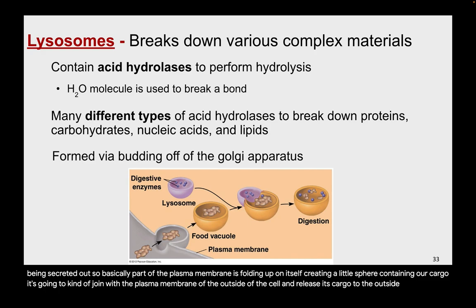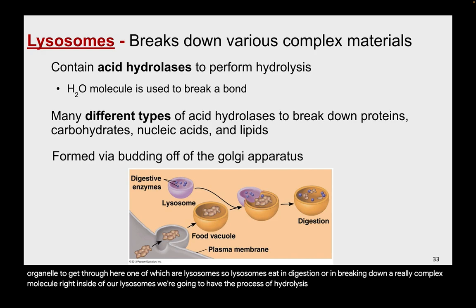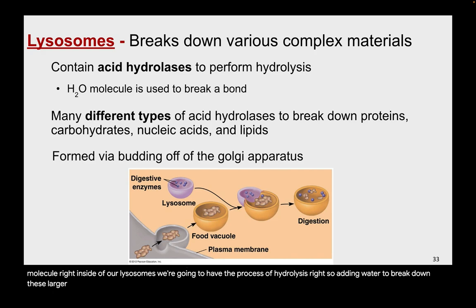All right, a few more organelles to get through here, one of which are lysosomes. So lysosomes aid in digestion or in breaking down of really complex molecules. Inside of our lysosomes, we're going to have the process of hydrolysis, so adding water to break down these larger polymers.